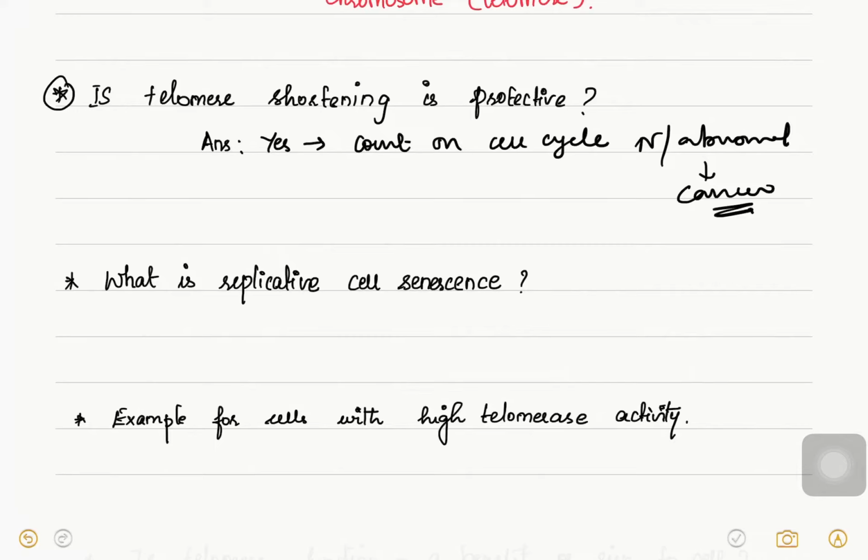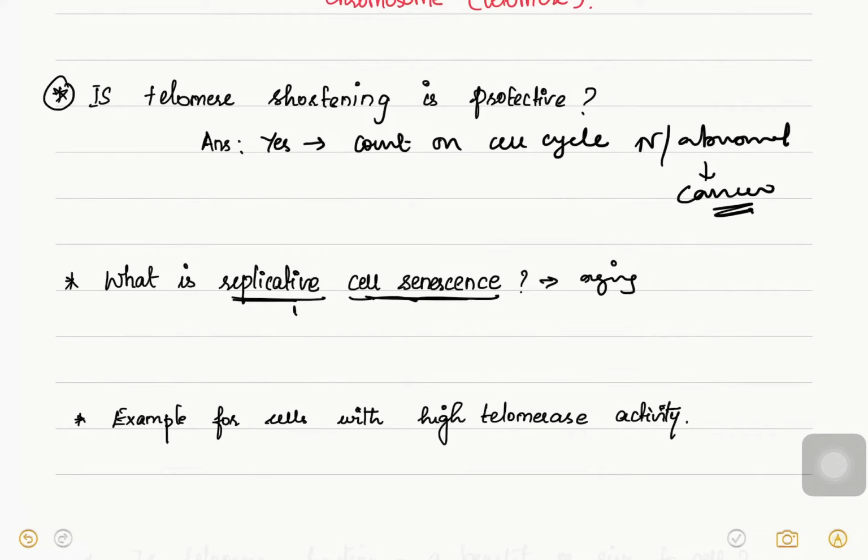Next, what is replicative cell senescence? This is the same as what I answered for the previous question. Cell senescence means aging. So the replication itself has to stop at some point for the cells.